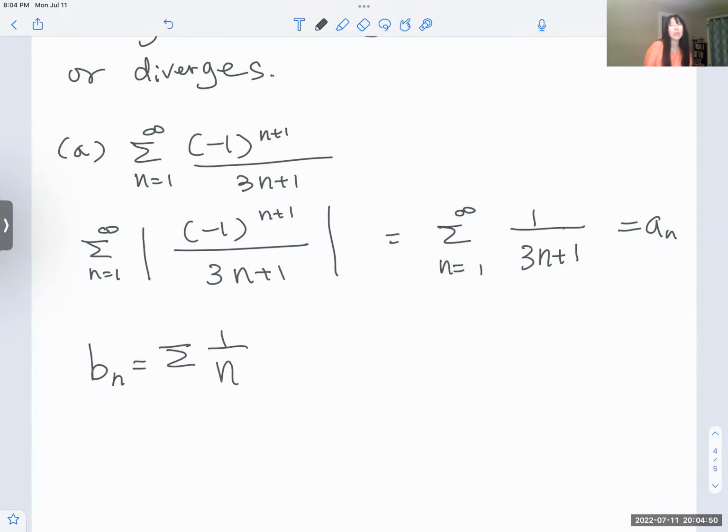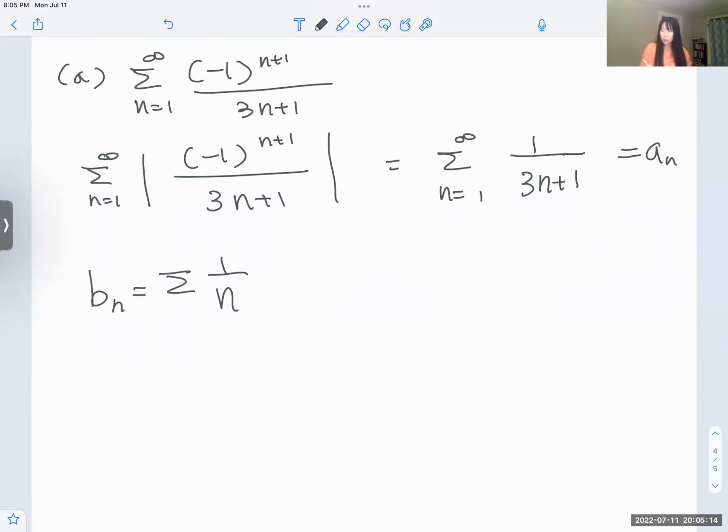Let's try 1 over 3n. Then limit comparison test.